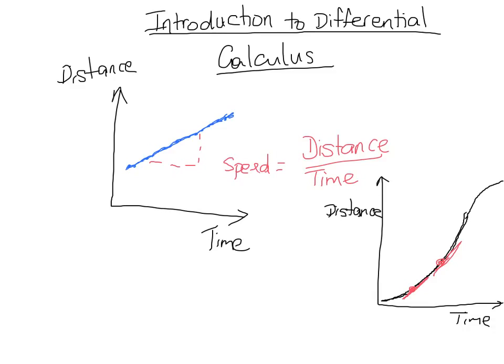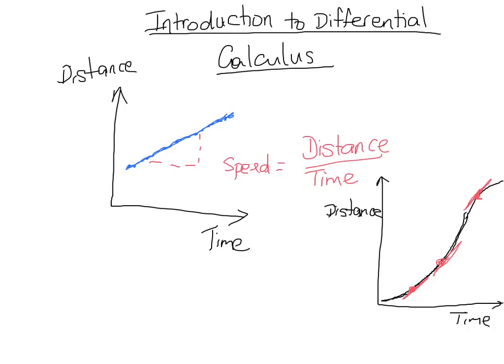So instead of having to draw a line, which we'll talk about in another video and what that's called, there is something that we can do in order to figure out the slope of any graph once we have an equation for that graph.